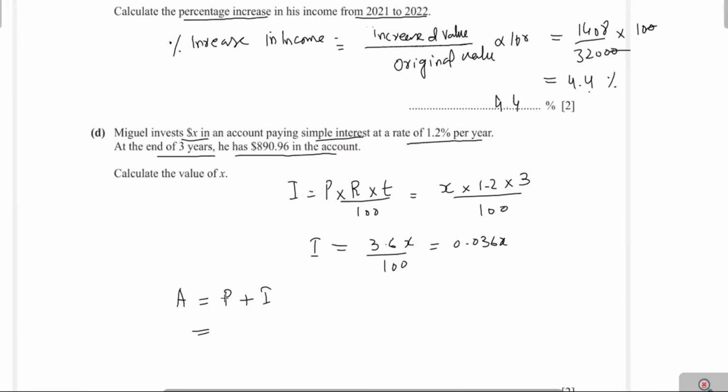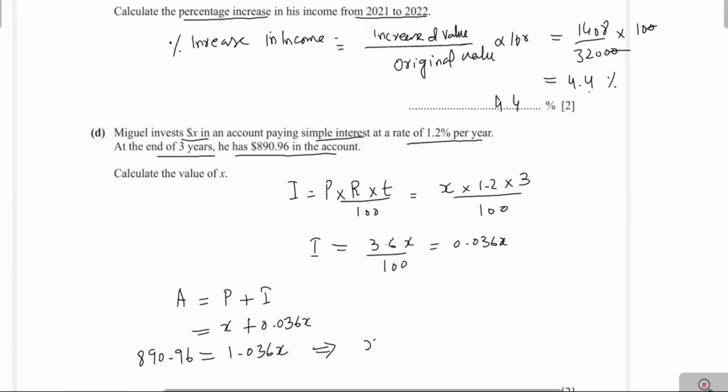Now the amount to be paid will be equal to principal amount plus interest. The principal amount here is the investment amount. You can say investment plus interest. Investment is X, interest is 0.036x, and that's equal to 1.036x, equal to the amount to be paid, which is 890.96.